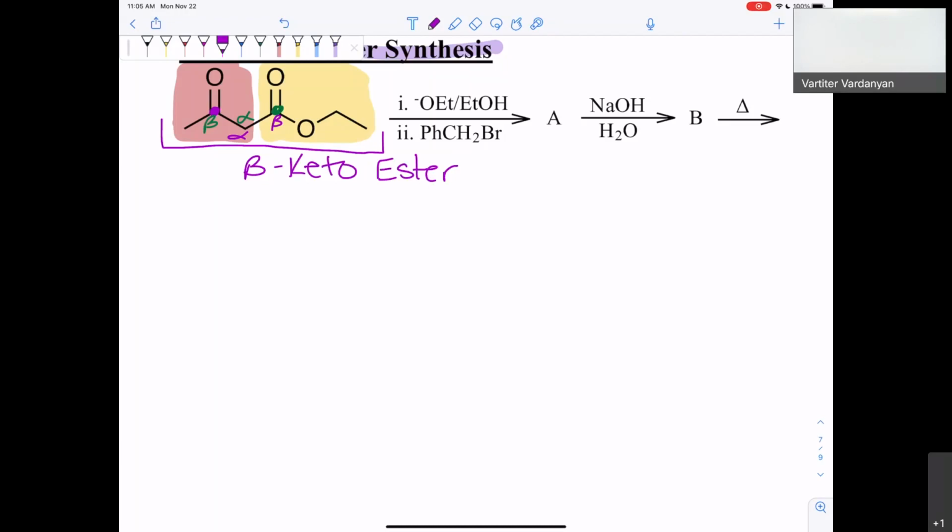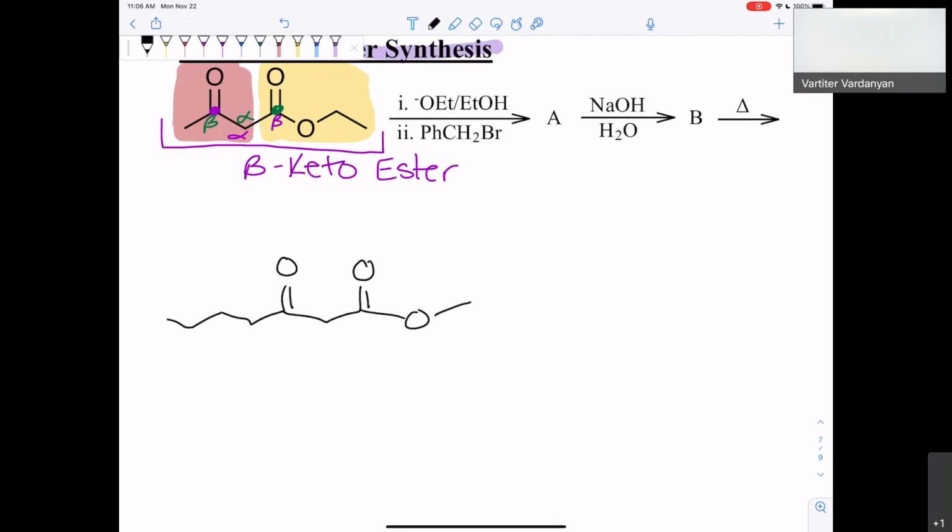So the beta keto ester is like the class of compounds. So all of these guys that we're going to draw are beta keto esters. The acetoacetic ester is specifically the one that's drawn up here. So he will ask you questions where he's like, what's this compound, right?